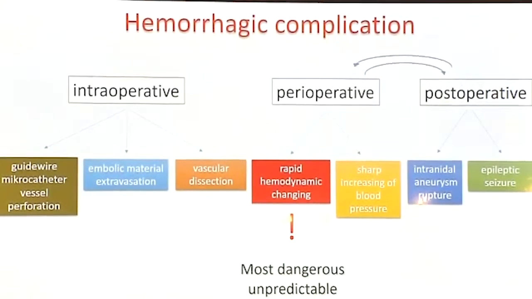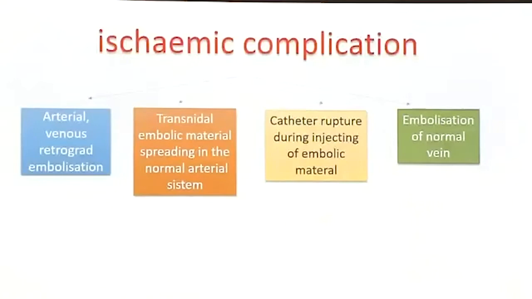Perioperative and postoperative are intranidal aneurysm rupture and possible epileptic seizure with high pressure. Ischemic complications are arterial or venous retrograde embolization, transnidal embolic material spreading into the normal arterial system, catheter rupture during injection of embolic material, and embolization of a normal vein.